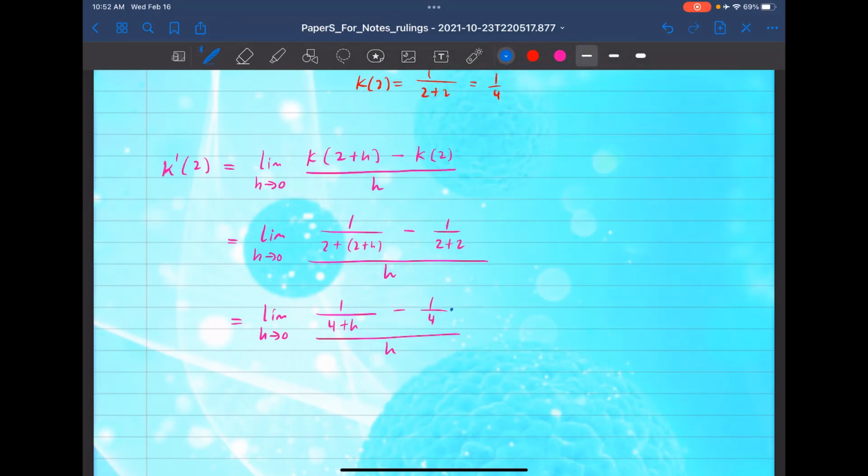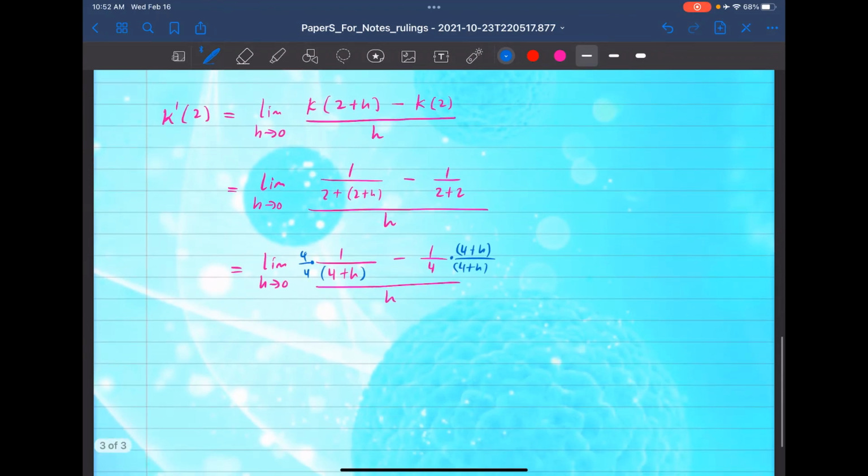I multiplied this by 4 plus h over 4 plus h, and this by 4 over 4. And then we are able to combine the top into a single fraction. So this gives us the limit as h approaches 0 of 4 minus 4 plus h. So be careful with the negative. And on the bottom we have the common denominator, 4 times 4 plus h, all over h.